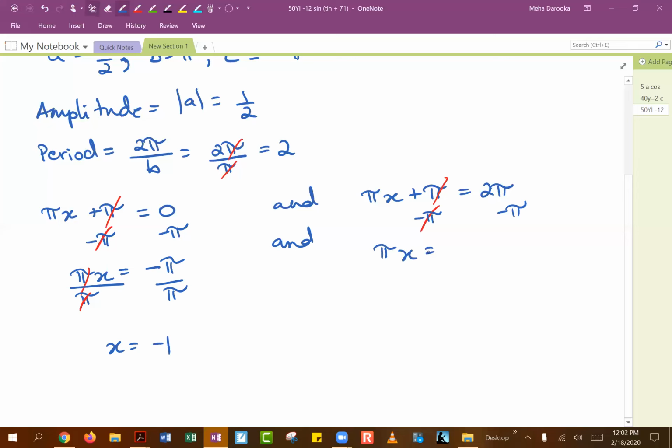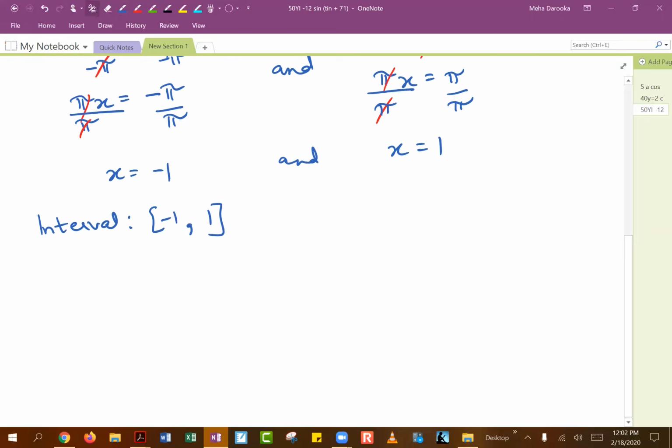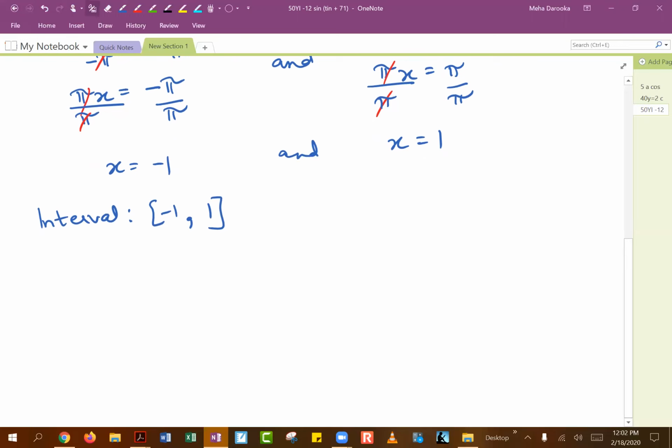And then, of course, you've got 2 pi minus pi, which will just give you pi. And when you divide both sides by pi, you'll get positive 1. Okay, very good. So that's going to be our interval, which will go from -1 to 1.